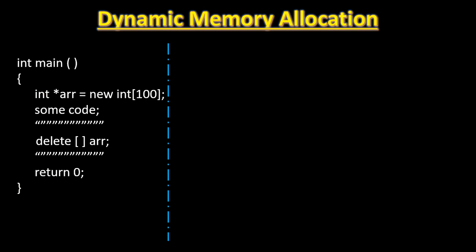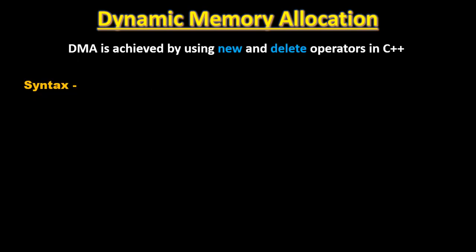So like this we can handle memory in an efficient way if we use pointers and heap memory. Now, how do we allocate and deallocate memory? As I said, DMA is achieved by using the new and delete operators in C++.